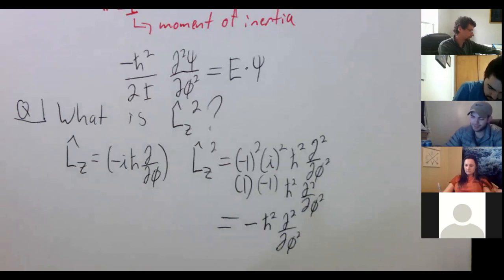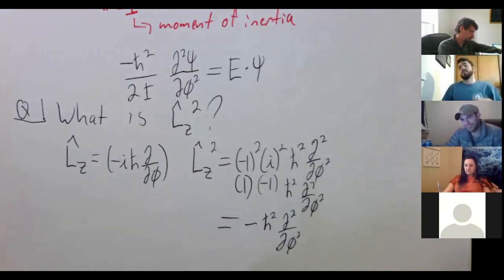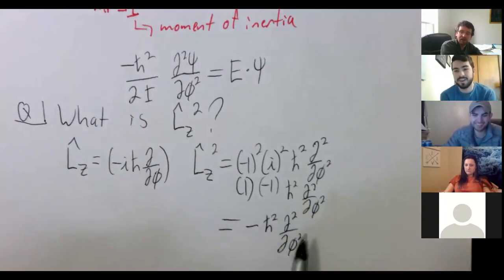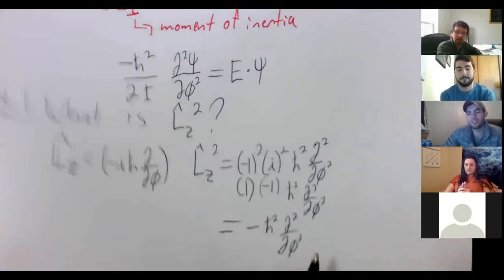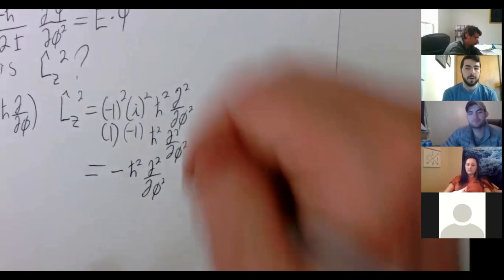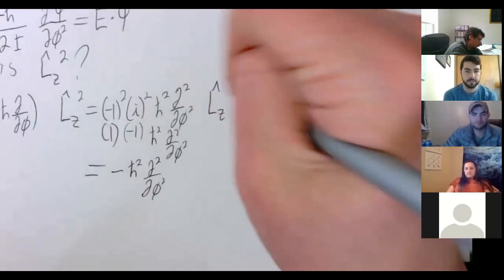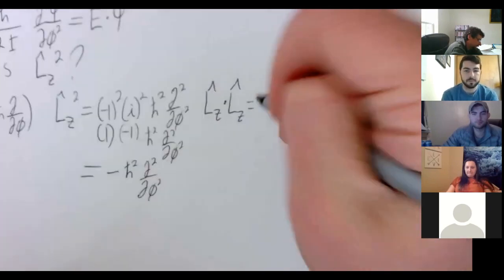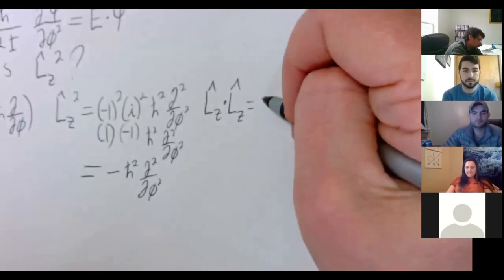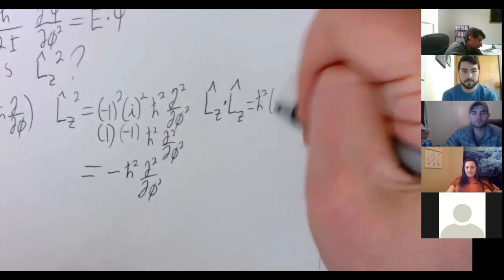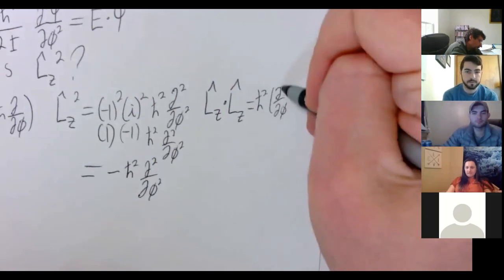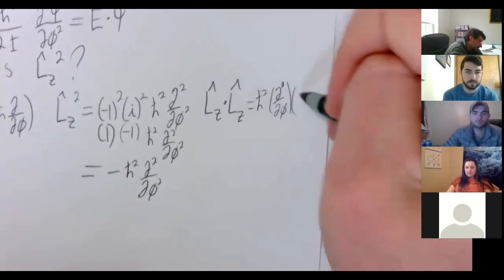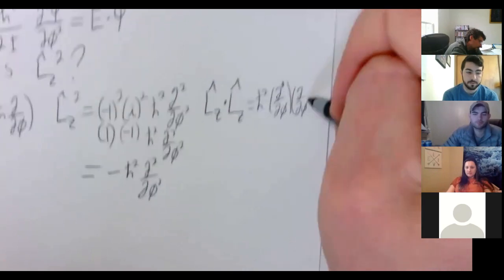I still don't really get how, just because you square something, it becomes a second derivative. It does if it's all scalar. L_z hat times L_z hat is equal to all that stuff, so we have h bar squared times that.